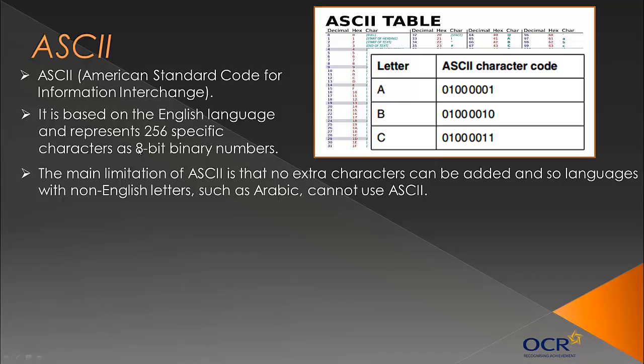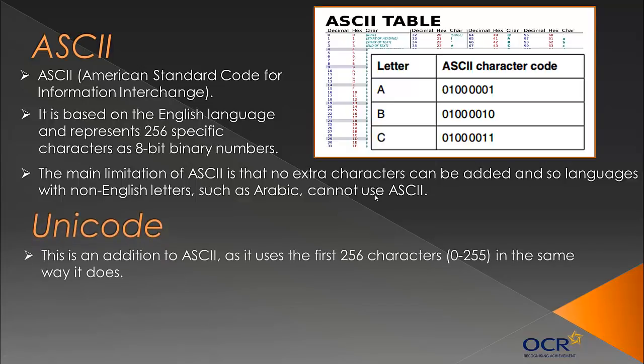With 8-bit numbers, it can't represent more than this many characters. There aren't as many combinations. Because it's based on the English language originally, other languages such as Arabic, which use completely different letters and symbols, can't use ASCII, which is unfortunate, clearly, which is why they have to use other character sets such as Unicode.